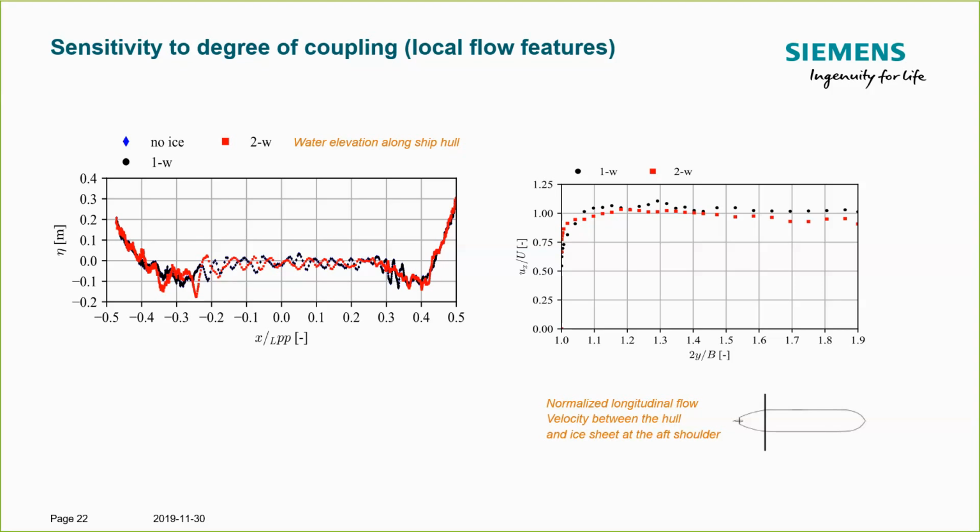On the right-hand side, you can see the velocity fields normalized by the ship forward speed across the width of the channel. The other schematic here shows where the cross-section is, and what we're plotting is from the side of the hull, on the port side, to where the ice sheet sits. So we're looking at the local longitudinal velocity normalized by ship forward speed.